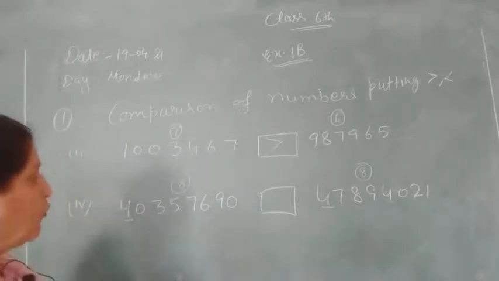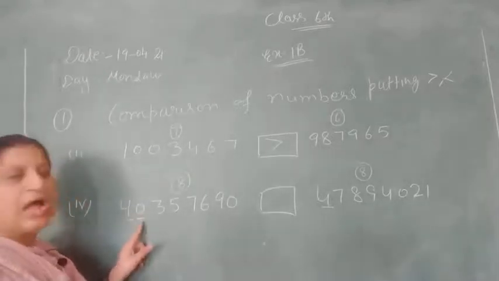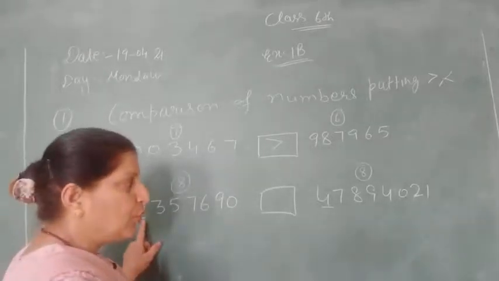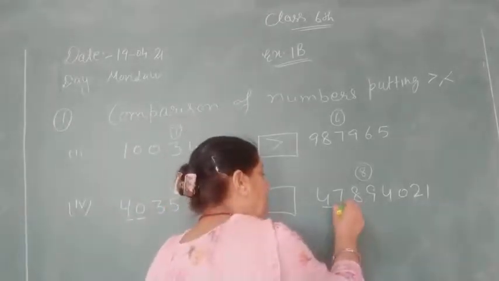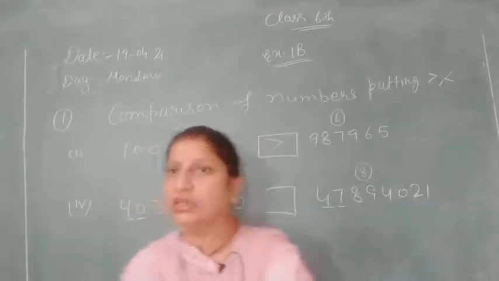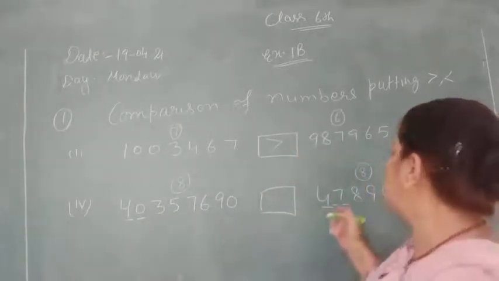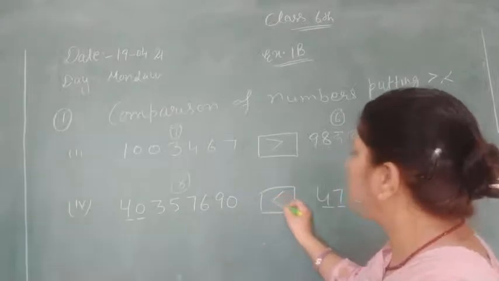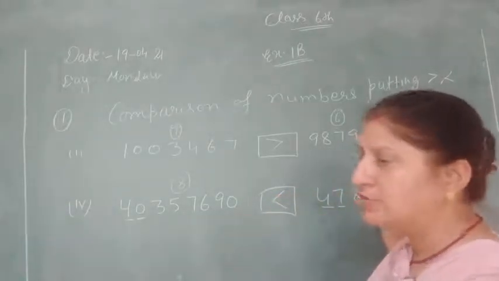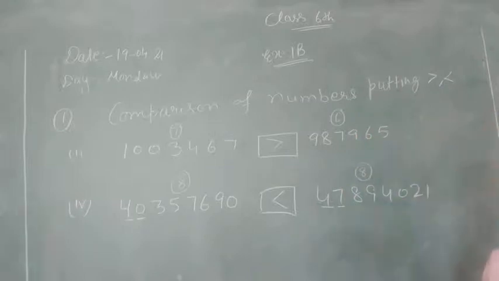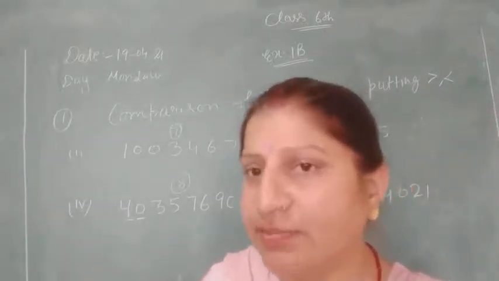So we have to follow the next step, and on the next step we find that our next digit is 0 and here our next digit is 7. Now we get a solution that 7 is greater than 0. It means that this number is greater than this number. So this is our answer, and easily we find which number is greater and which number is smaller according to their places.